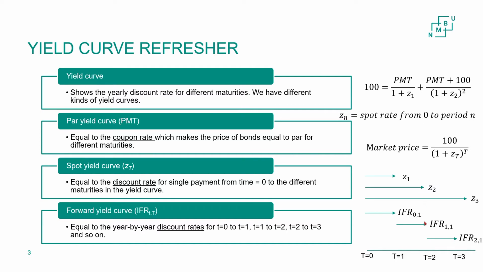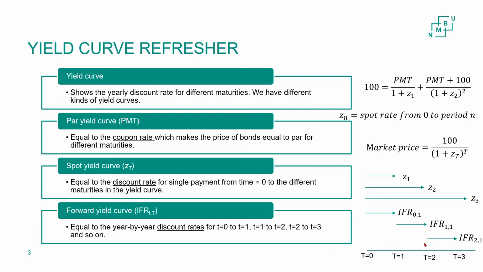You take the difference between the 2-year spot rate and the 1-year spot rate, and you calculate the geometric difference, which means that you take the 2-year spot rate divided by the 1-year spot rate and subtract 1. Then you get the implied future rate, 1 year into 1 year implied future rate.